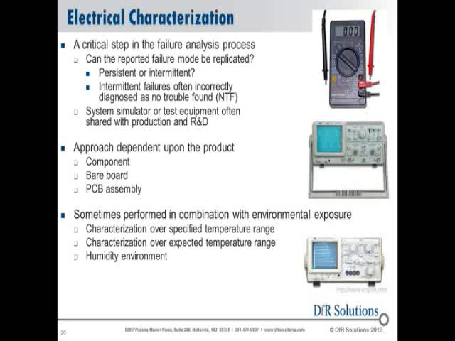You don't know if the initial diagnosis that sent it into failure analysis was wrong, or if maybe, and this is what gets nasty and drives a lot of people up the wall, there's some kind of intermittent condition that is going on that is related to some kind of usage condition.